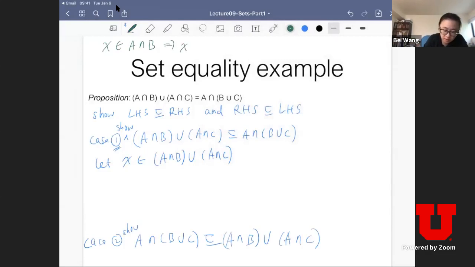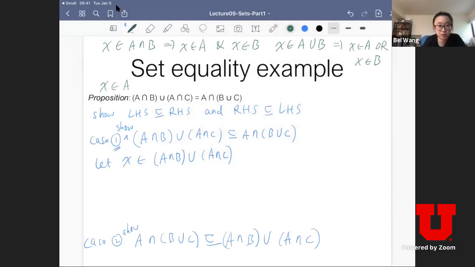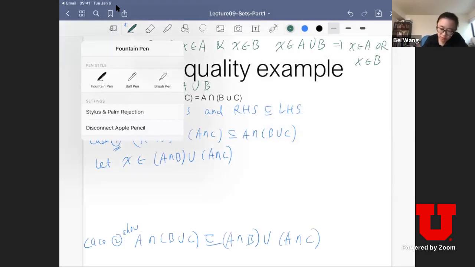That means x is in A and x is in B. If x belongs to A union B, that means x is in A or x is in B. If x is in A, which is a set, x is also in A union any other set, right? When I union any other set, I just increase the size of the current set, but x is already in the current set, so this is also true. So those are some of the properties you might use involving intersection, union, and other set operations.